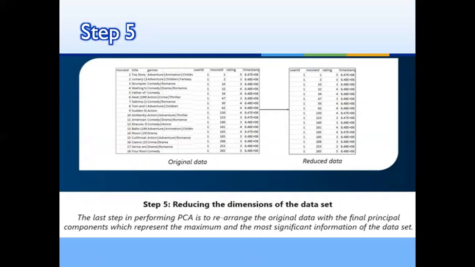So how is it possible to reduce this dimension? You will multiply this original data set with the first K principal components, that is, with the K by K principal component matrix.